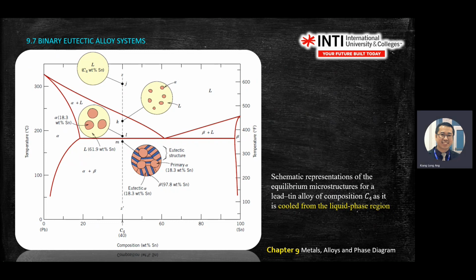The answer is primary alpha, beta, and eutectic. You should write the percentage of each there. How to find it? In the previous slide, I already told you. For example, primary alpha is 18.3, beta is 97, eutectic alpha is 83%, and so on.